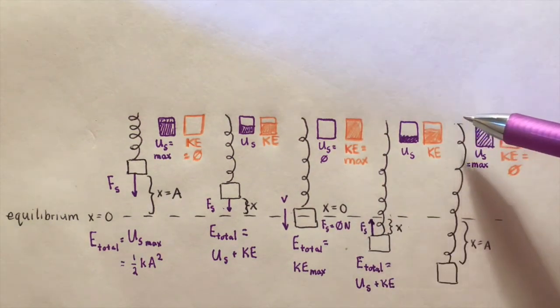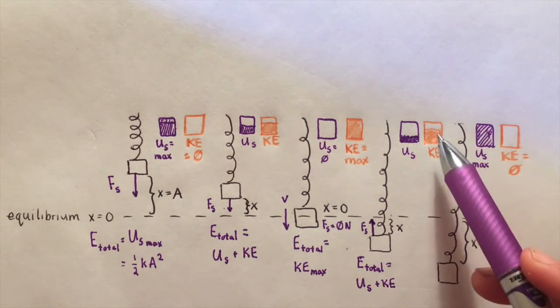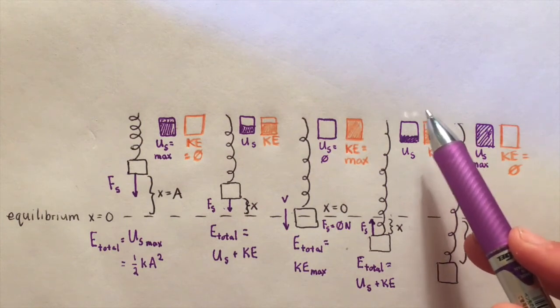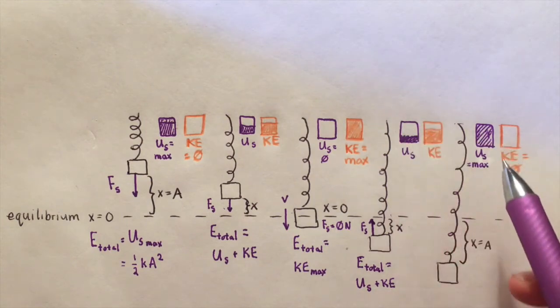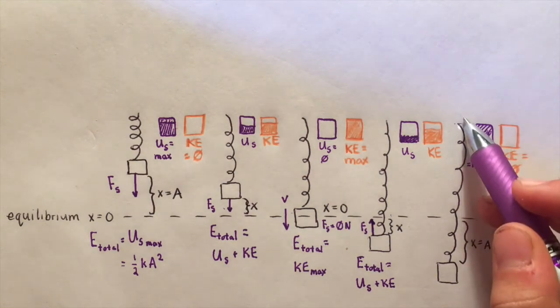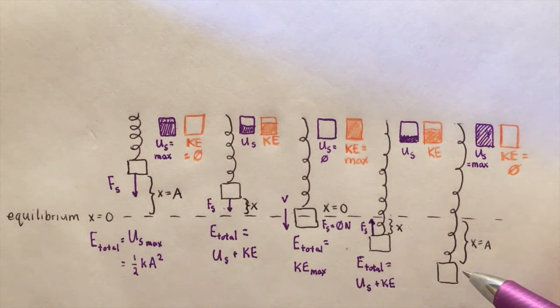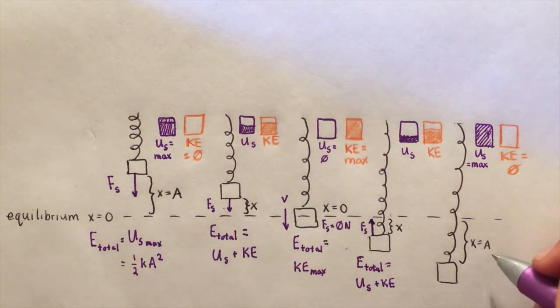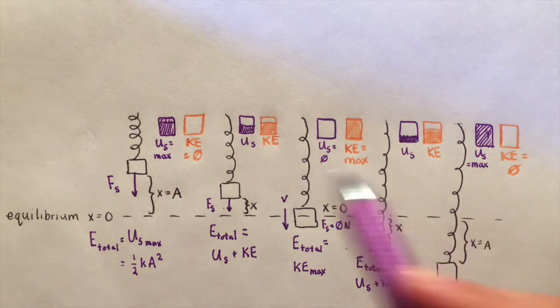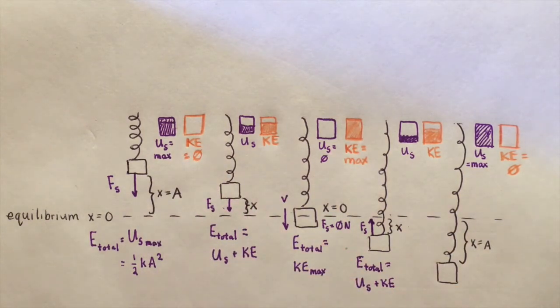And last but not least, the spring is going to keep stretching out and stretching out. That kinetic energy is going to keep going into spring potential energy until all of the kinetic energy has become spring potential energy, and the spring has stretched out to the maximum displacement, or the amplitude. The amplitude is the same as it was at the beginning because the total amount of energy has not changed.